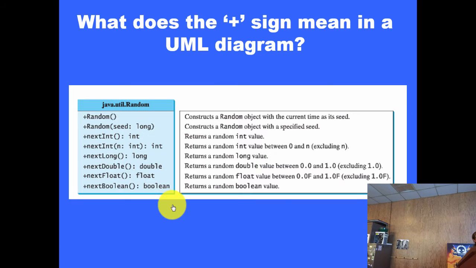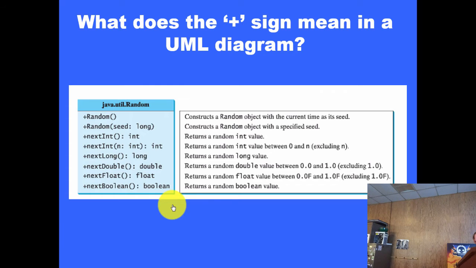So UML diagram, you guys know a UML diagram, right? I don't think we formally went over this in class, but there's a description of your class, so they have all your methods in there. They have what they return, what their parameters are, and then if they are... what do you think?